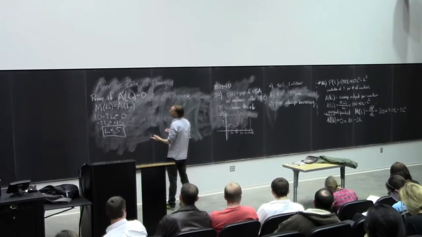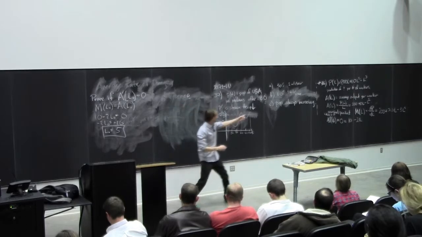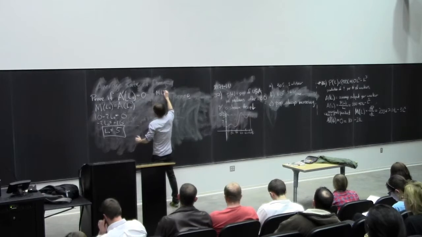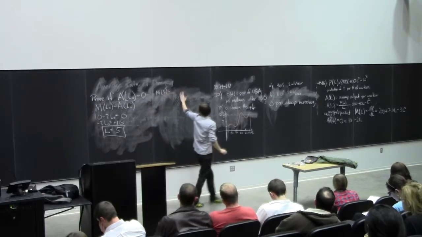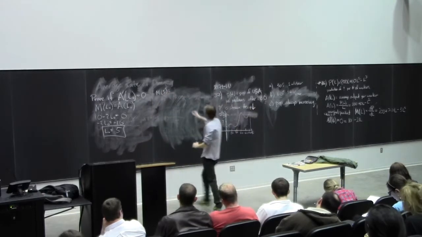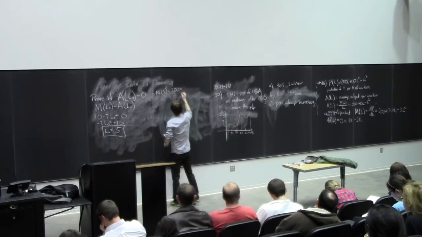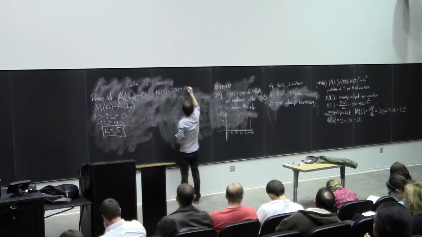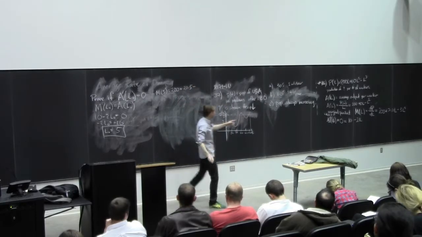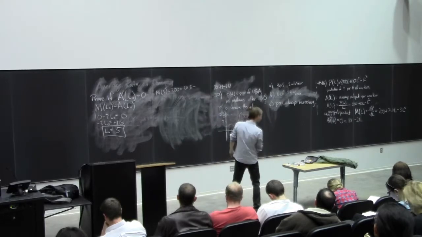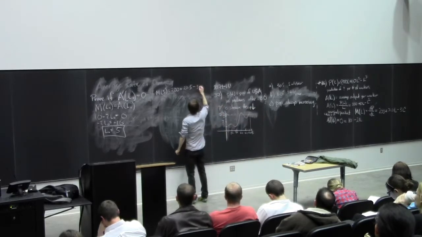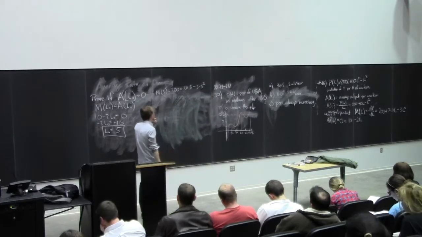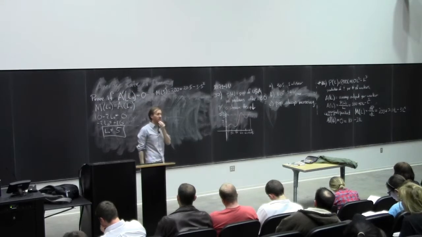All right, so now, M's over here. Okay, so M of 5 is equal to 200 plus 20 times 5 minus 3 times 5 squared. 20 times 5 is 100, I know that.